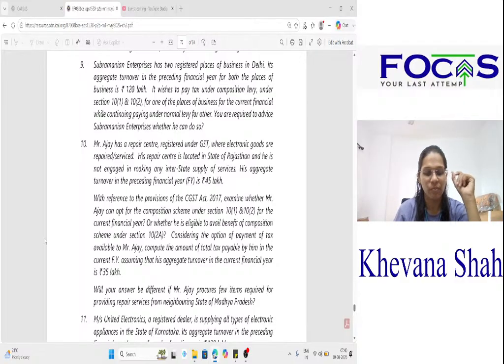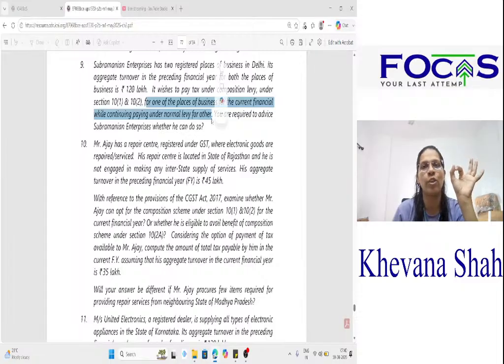Now, what the question is further asking: it wishes to pay tax under composition levy under section 10(1) and 10(2) for one of the places of business for the current financial year while continuing to pay under normal levy for the other. See, either you can opt for composition scheme for both or you can opt for the regular scheme for both.